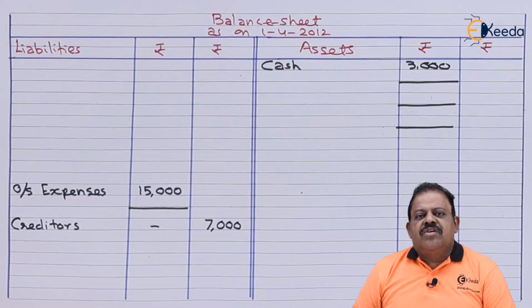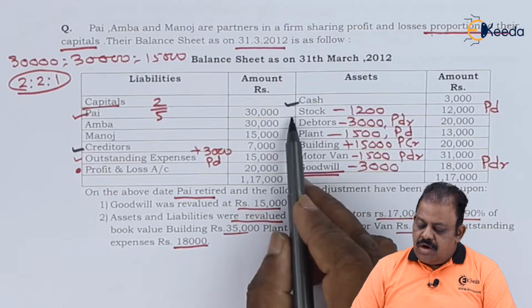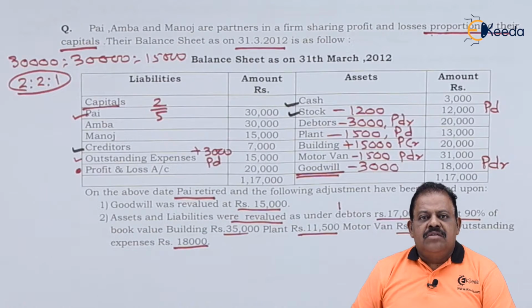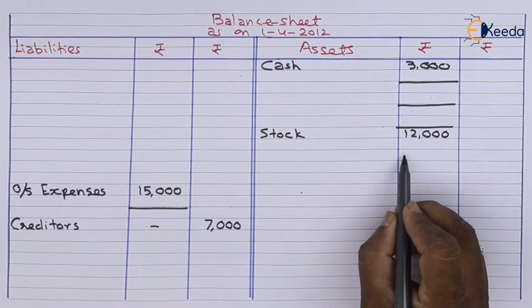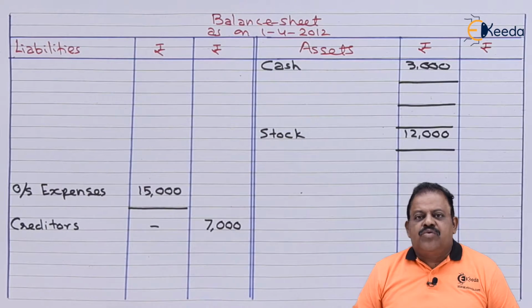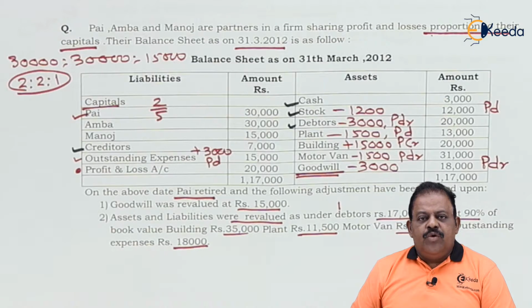There are 3 adjustments on cash. Accordingly, we have left space over here. Stock 12,000. There is an adjustment on stock. New balance sheet asset side, stock 12,000. Assets, debtors 20,000.